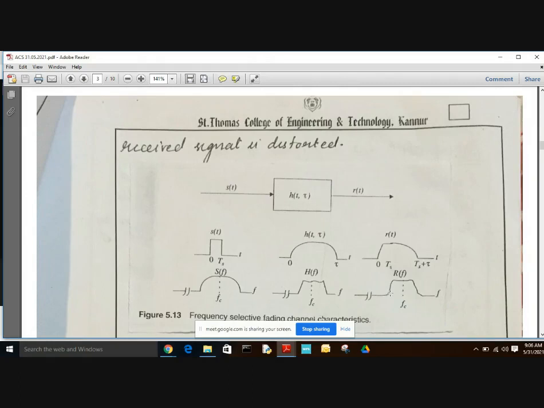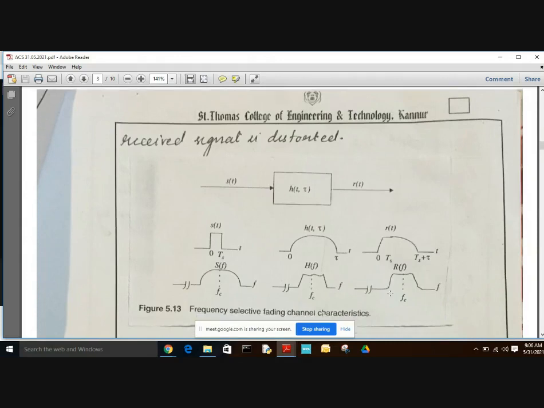All these components arrive at the receiver at different times. If the LOS component arrives at 10 seconds, then after 5 seconds the reflected component arrives at the receiver. After 5 seconds the scattered component arrives at the receiver. Again, after 5 seconds, the diffracted component arrives at the receiver. So there is a time delay between all the signals arriving at the receiver.